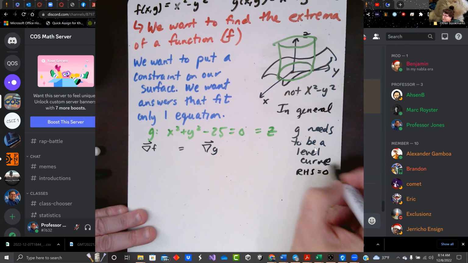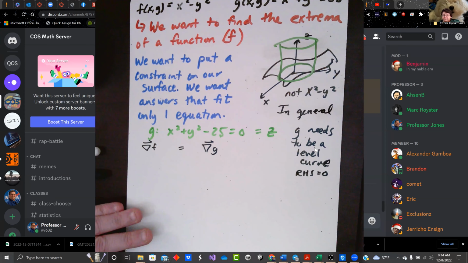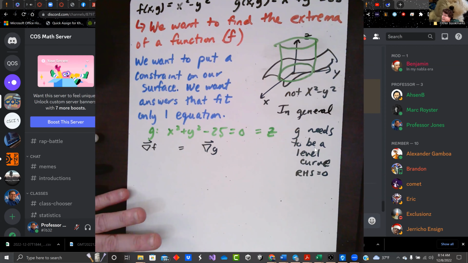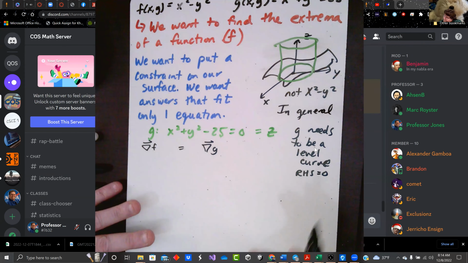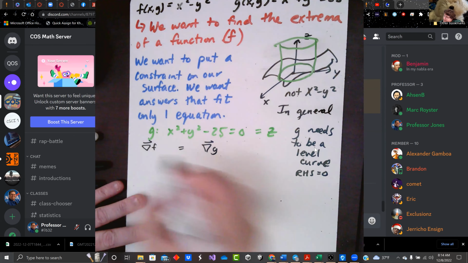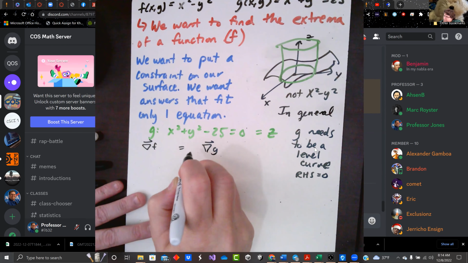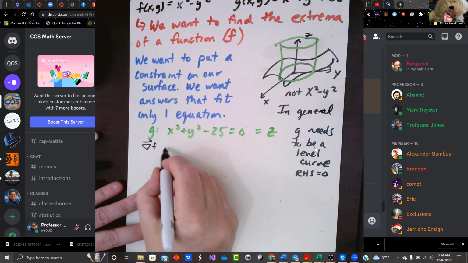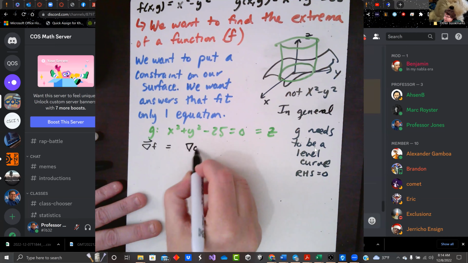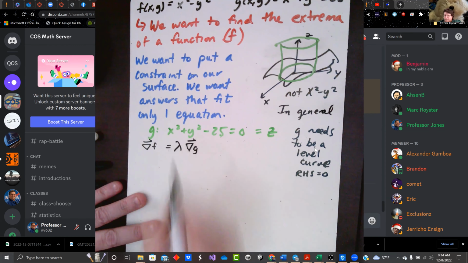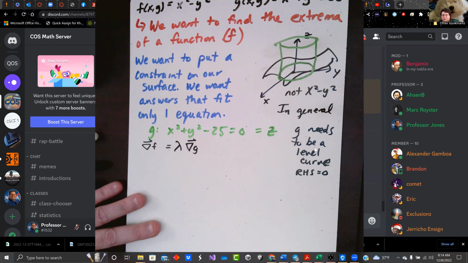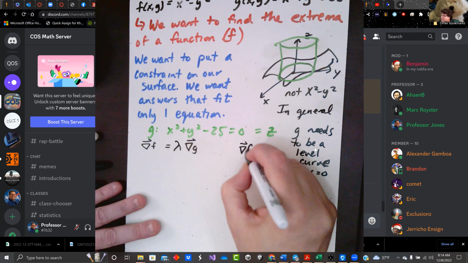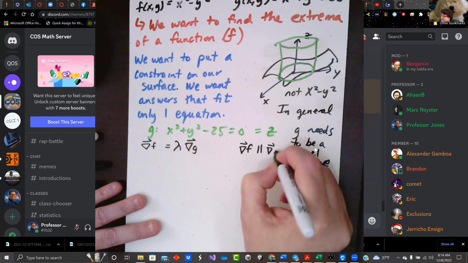So these are like contour lines on f. And if you watch the video, we derive showing that these should be parallel. And so there is some multiplier lambda that would make them equal. So gradient of f is parallel to gradient of g.